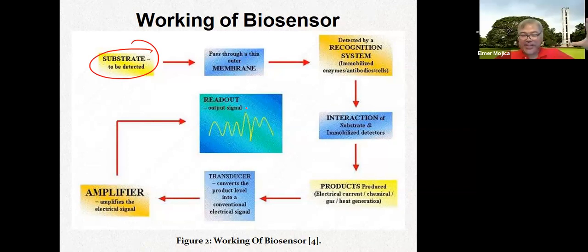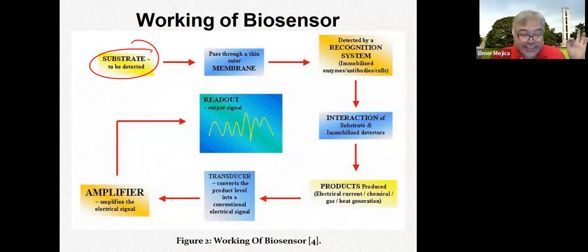So once it passes through the thin outer membrane, it is detected by the recognition system, the biological system that you have. The one that is either immobilized enzyme, antibodies, or cell. So here, the analyte would react specifically and efficiently with the biological component of the biosensor.